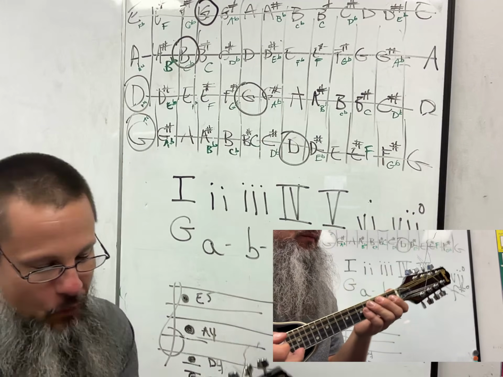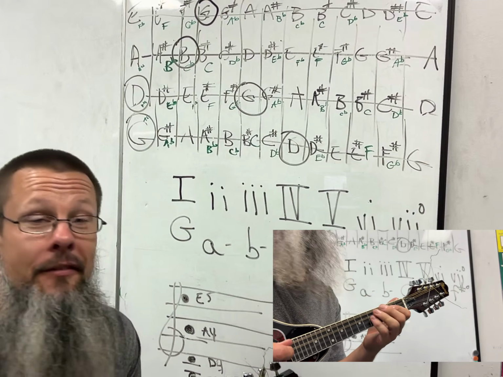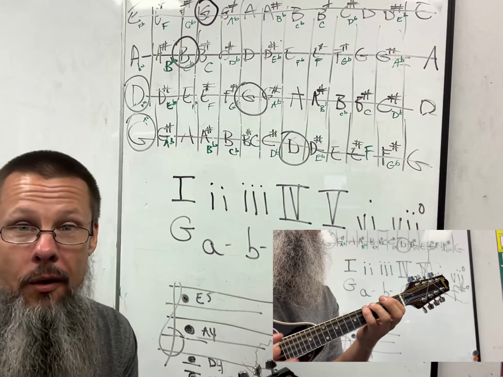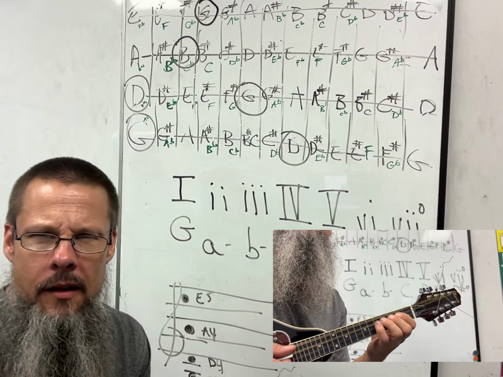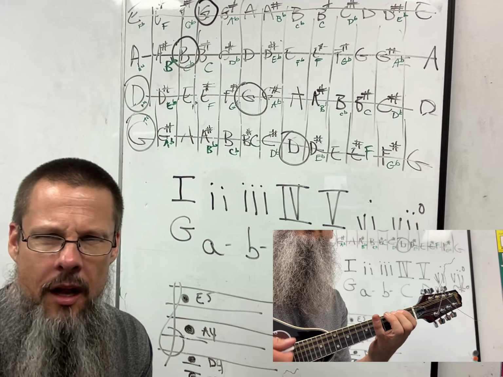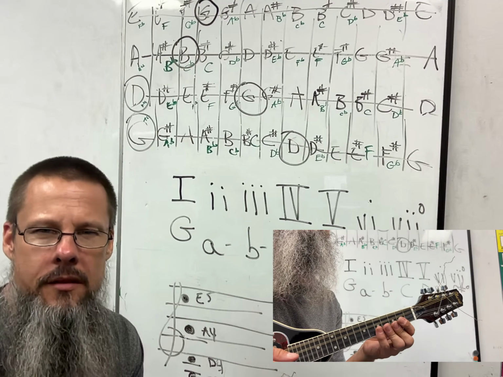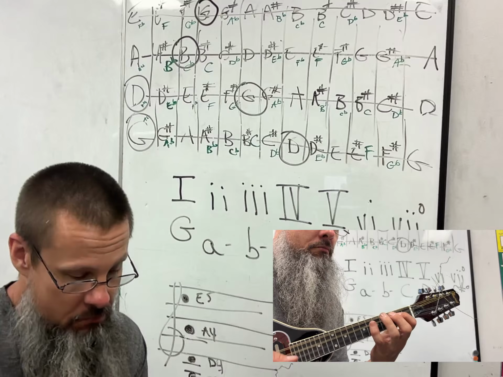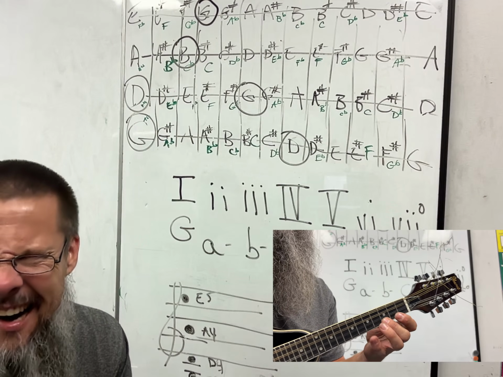Thank you. When we're playing do, re, mi, fa, sol, la, ti, do, that is an octave scale: 1, 2, 3, 4, 5, 6, 7, and 1. Notice how when I'm playing this, if you watch my channel, I show you how to play spider exercises. The whole point of spider exercises is to get your fingers able to move up and down the fretboard without having a lot of struggle.